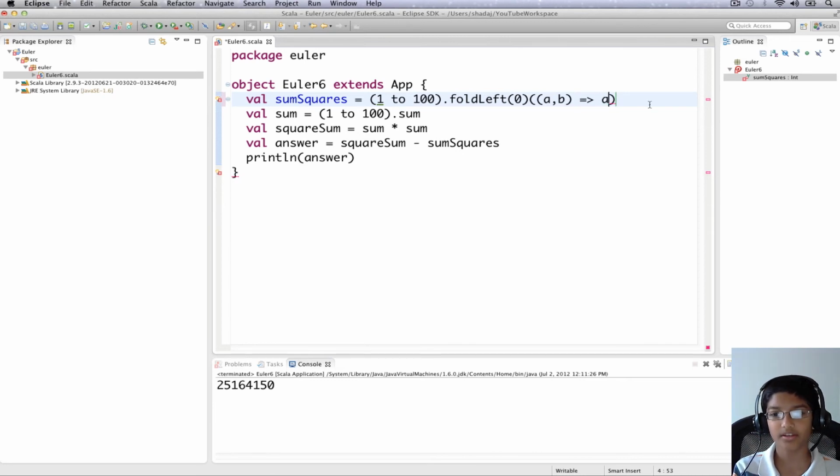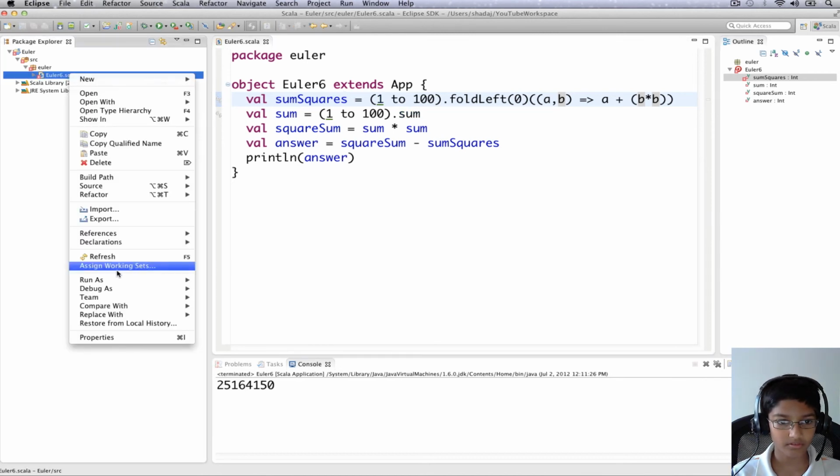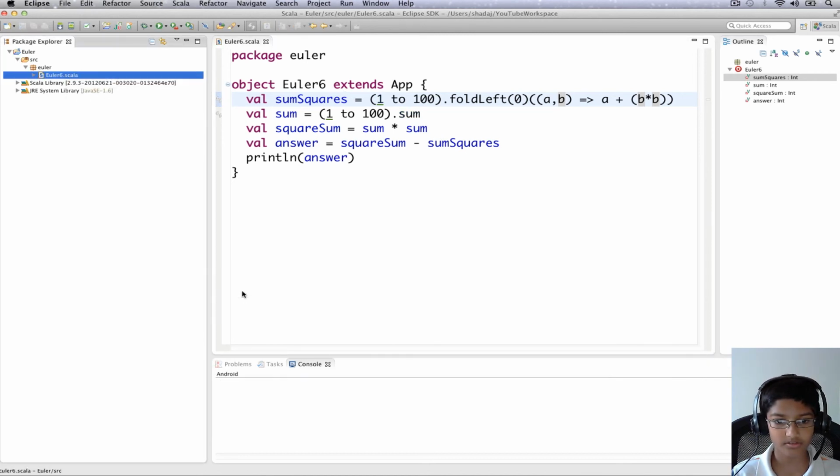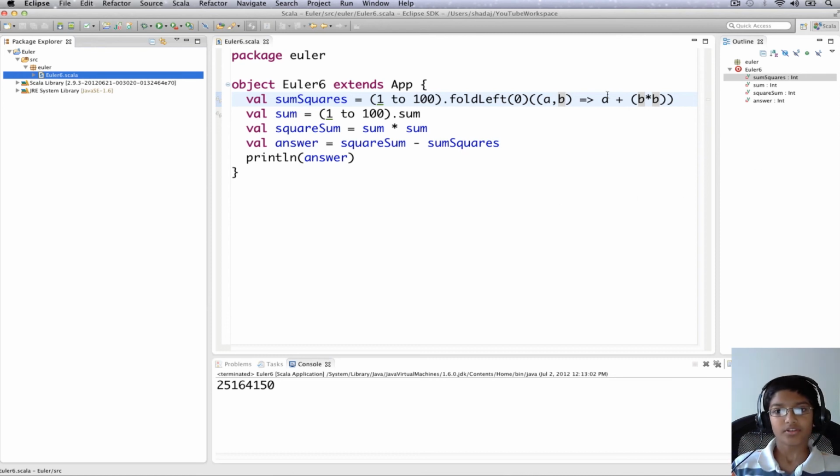So I'm going to return a plus b times b, and I'm going to put b times b in parentheses. Okay, and now we can run. So now we get our answer.